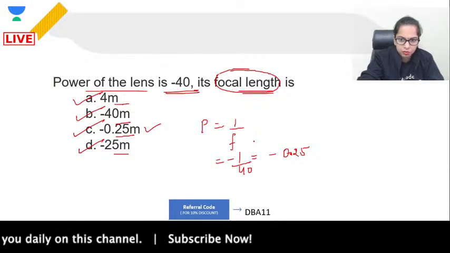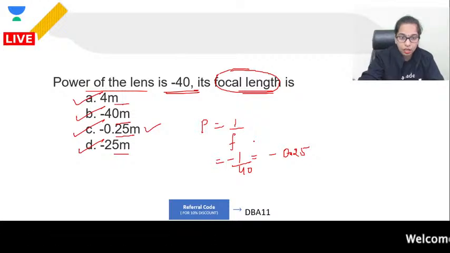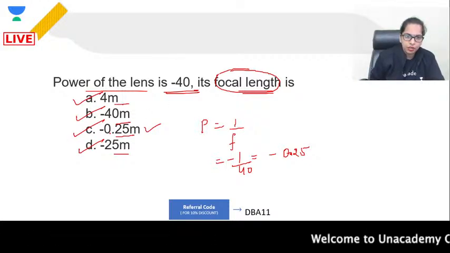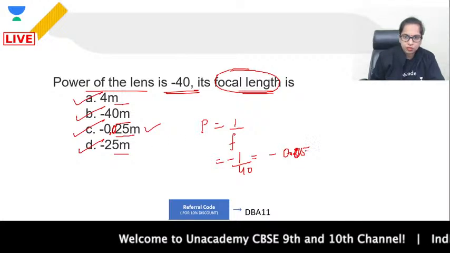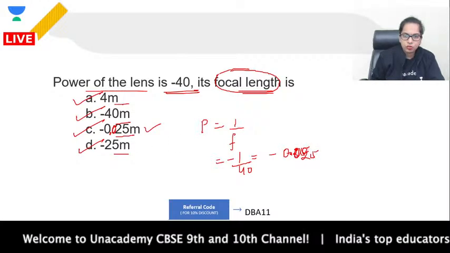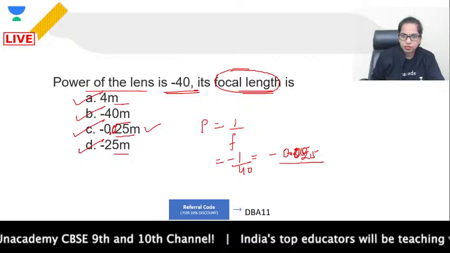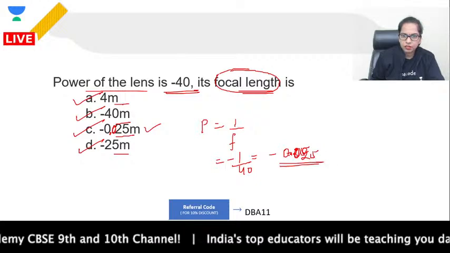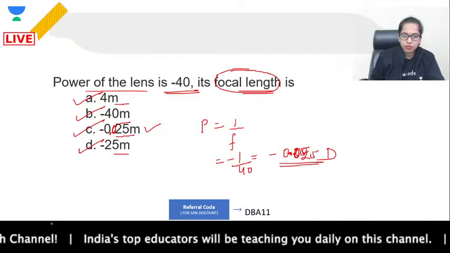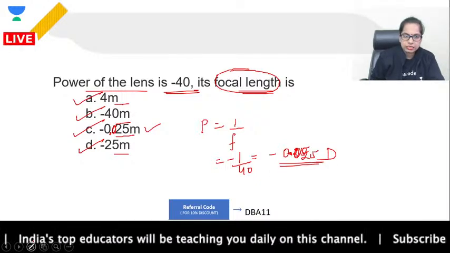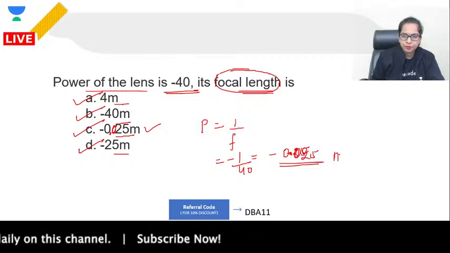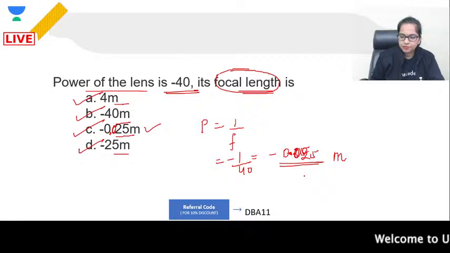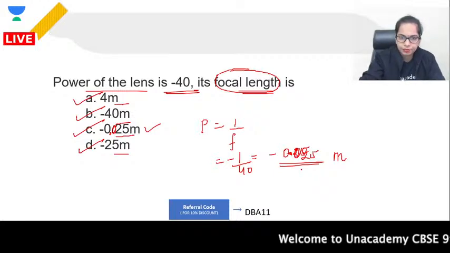Yes, it should be 0.025. Yeah, I'm so sorry, I didn't look at this option. It should be 0.025 diopters, sorry, meters. Okay, yes, right Lavanya. Okay, next.